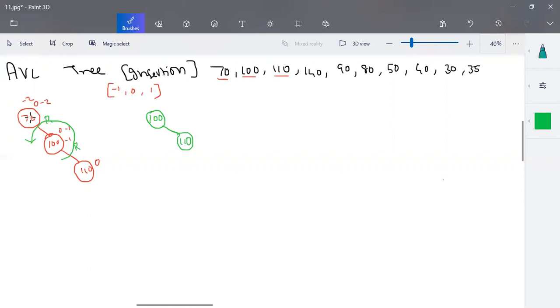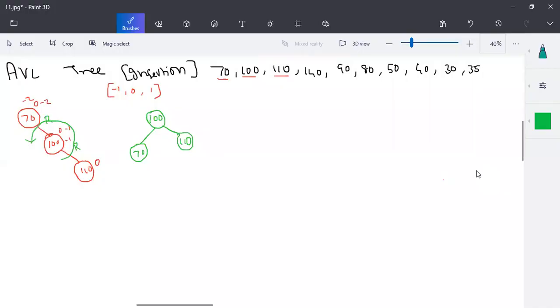These two will remain as they are, and we pull 70 down as the left child of 100. This is how an RR rotation happens. 100 and 110 remain as they are, and 70 is pulled down. Now this is a balanced tree.